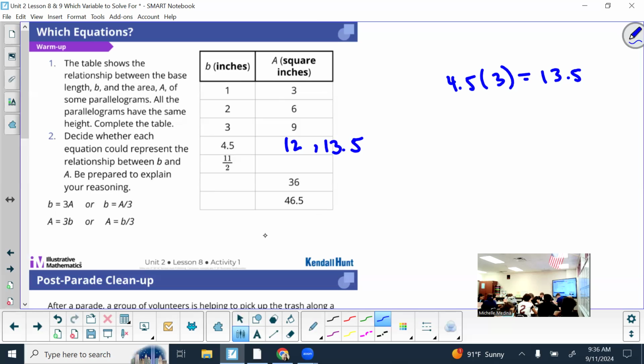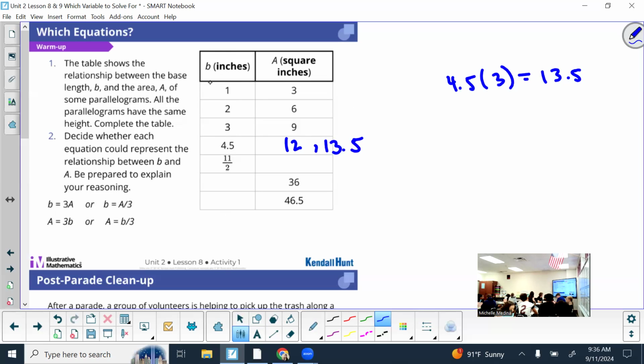So when that happens, you have to look for patterns. You can look for patterns within the column. You can look for patterns within the rows. What do we notice in this B column? Is there a consistent pattern? It starts out that way, and then it increases by 1.5 instead of 1.